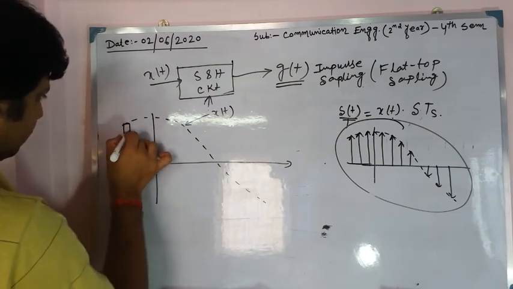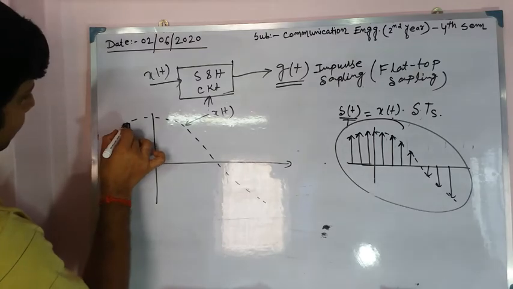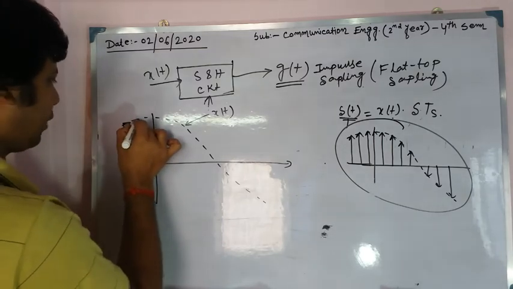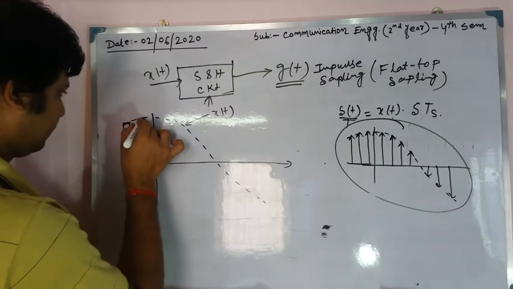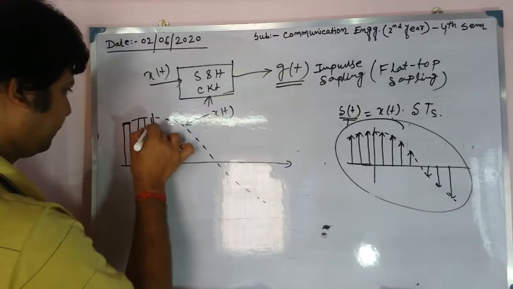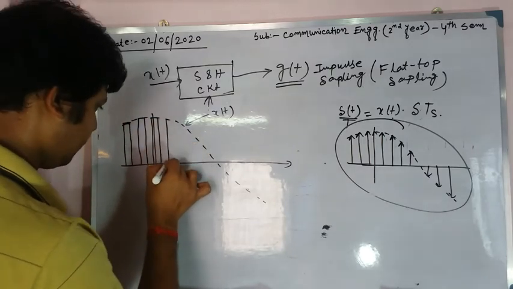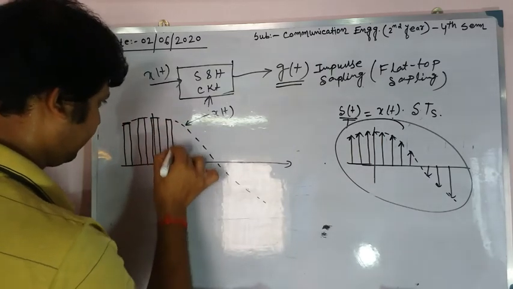Top of the sample is flat, so it is called the flat top sampling.